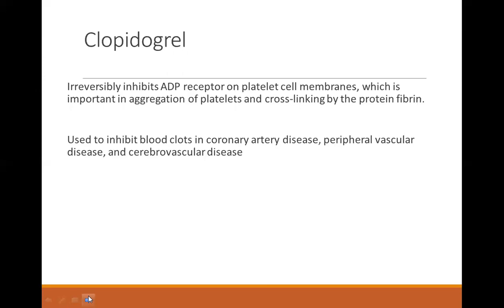So clopidogrel does not cause as much gastric bleeding, that means gastric ulcer situations, like aspirin. Therefore, it is commonly used currently, sometimes more than aspirin, to inhibit blood clots in coronary artery disease, peripheral vascular disease, and cerebrovascular disease.